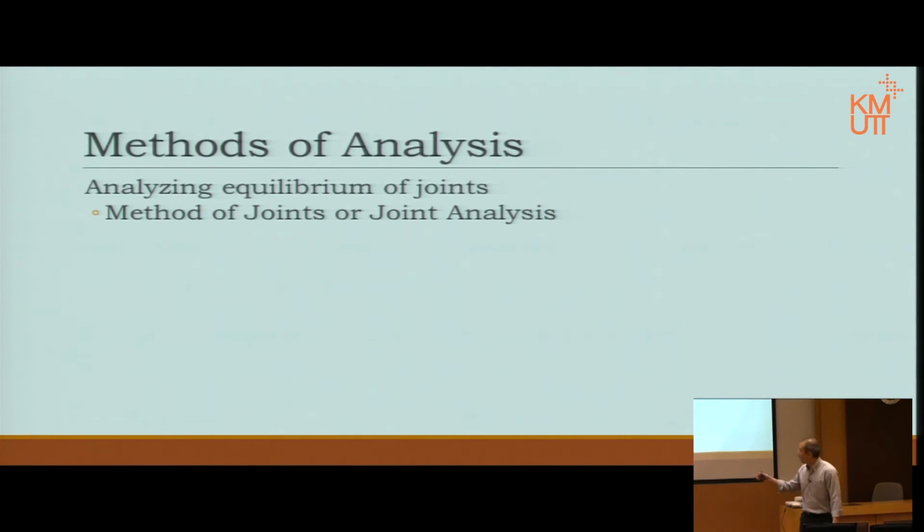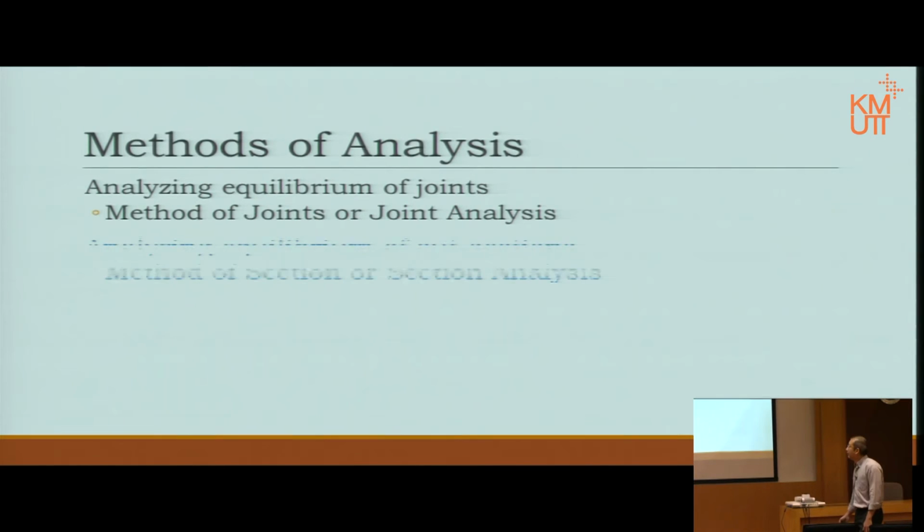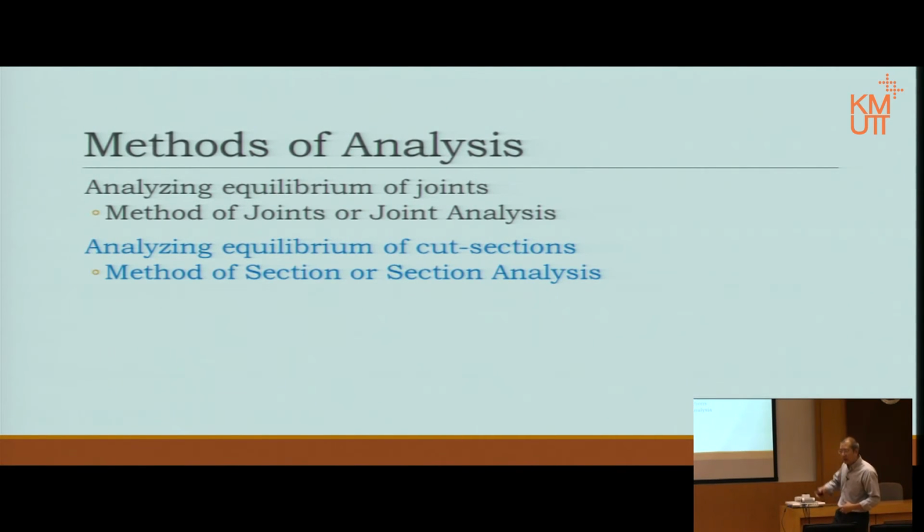They name it method of joints, or sometimes called joint analysis. Or they could actually cut a section out and analyze the section as the body, meaning we have 3 equations again. That one here is called method of sections or section analysis.